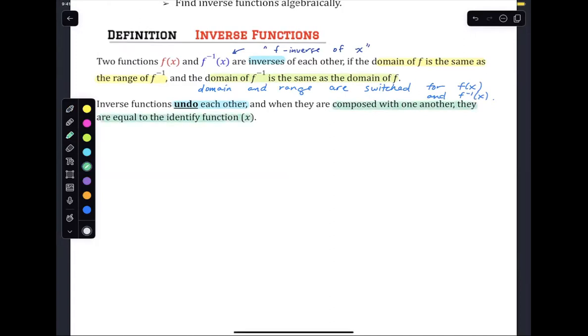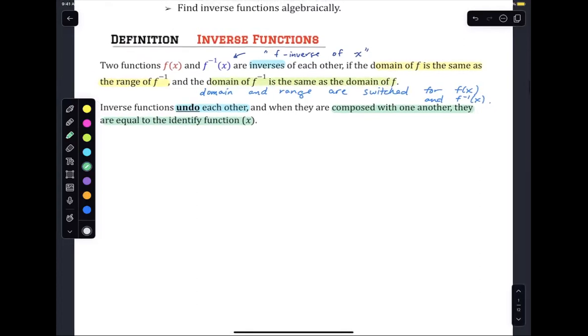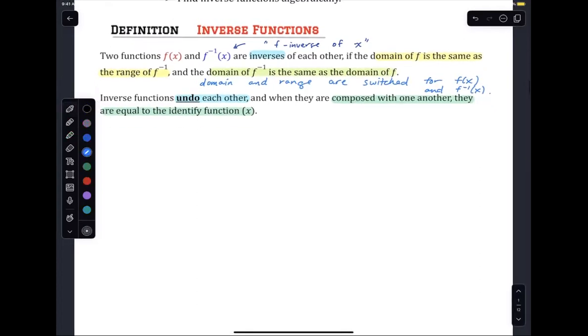So there was an example in the last section where we found when you compose two functions, it equals x.